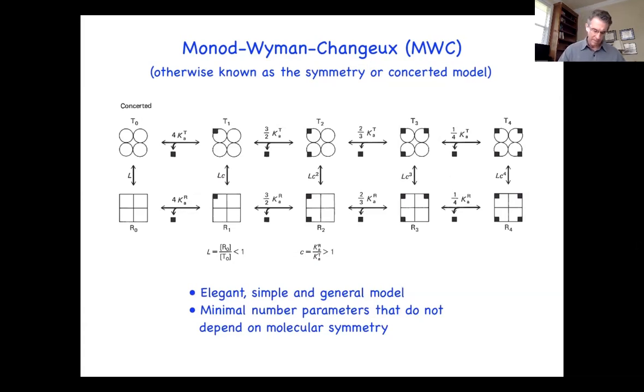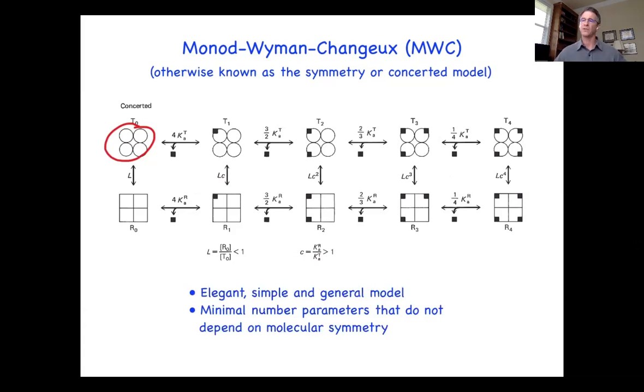No matter how many subunits you've got, 2, 4, 10, 20, the underlying algebraic form of the binding polynomial or equation looks the same. It always looks the same because the underlying assumptions are independent of molecular symmetry.